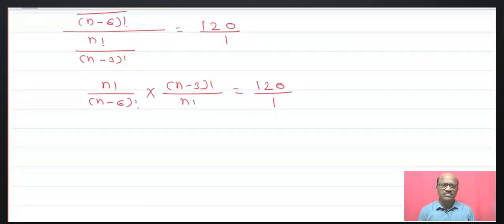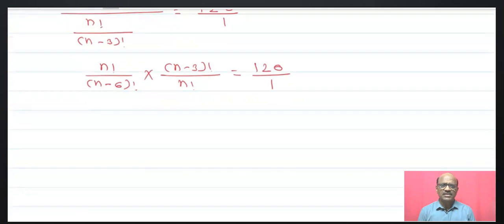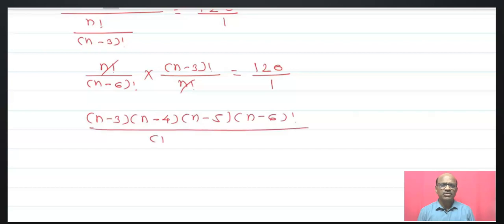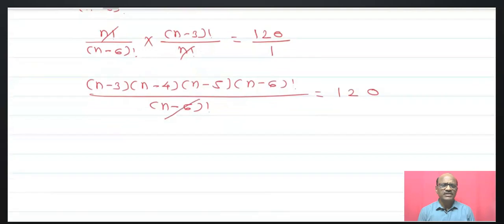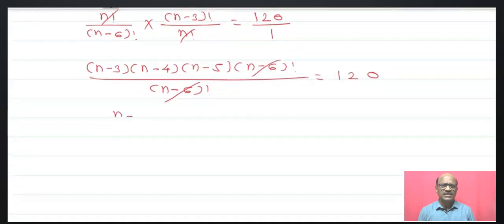Now this n factorial gets cancelled. Therefore n minus 3 into n minus 4 into n minus 5 into n minus 6 factorial upon n minus 6 factorial is equal to 120. The n minus 6 factorial gets cancelled. You will get n minus 3, n minus 4, n minus 5 is equal to 120.